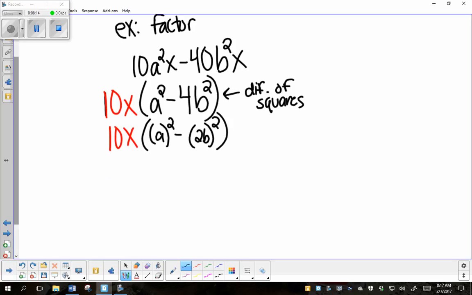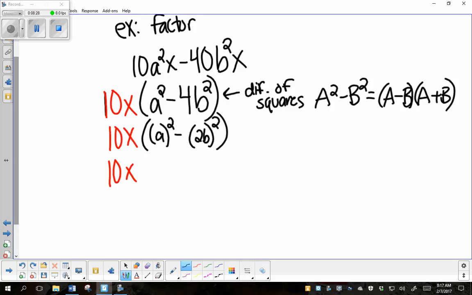So if you remember your difference of squares rule, keep that 10x on the outside. Remember, a difference of squares is when you have something squared minus something squared, and it breaks down into the somethings minus each other and the somethings added to each other. So these are going to break down into a plus 2b times a minus 2b.